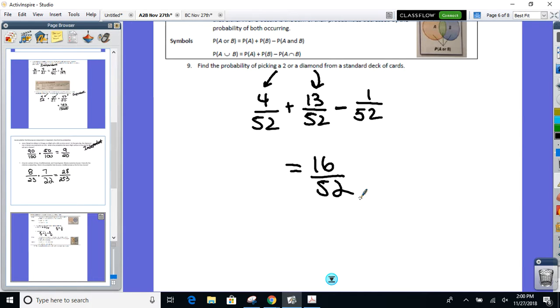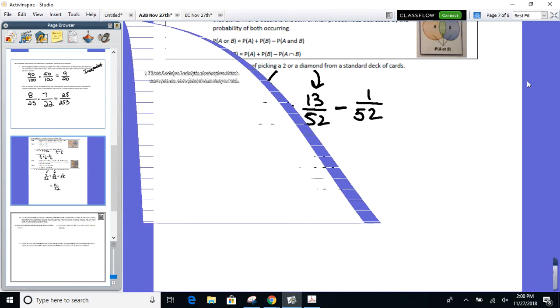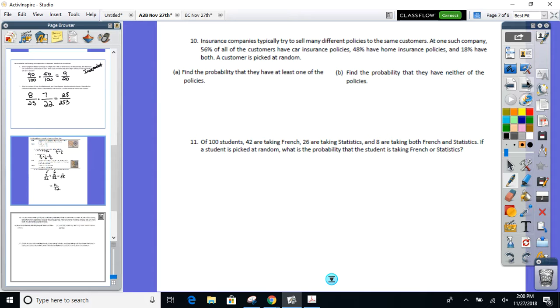All right, insurance company. Go ahead, read through the old insurance company. Oh, a little probability quiz here. All right, what's the probability they have at least one policy?